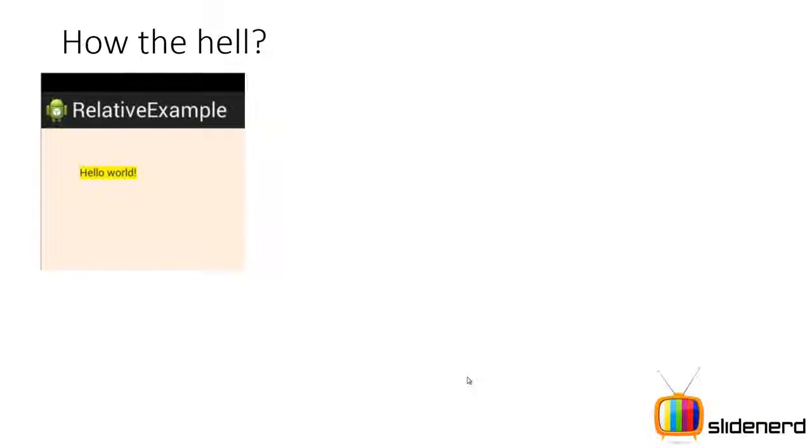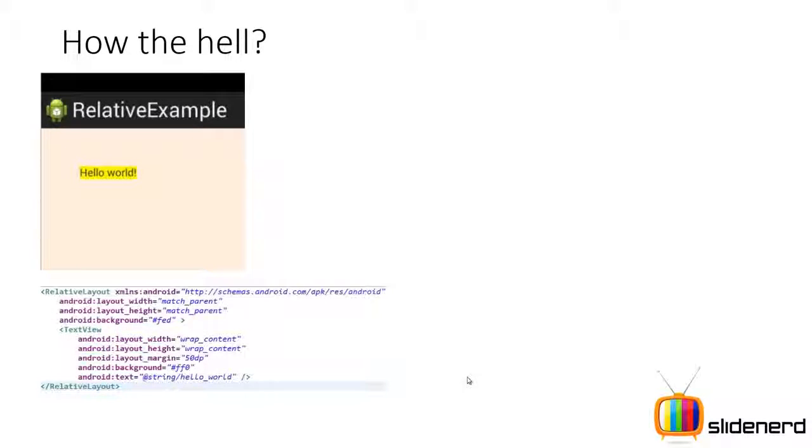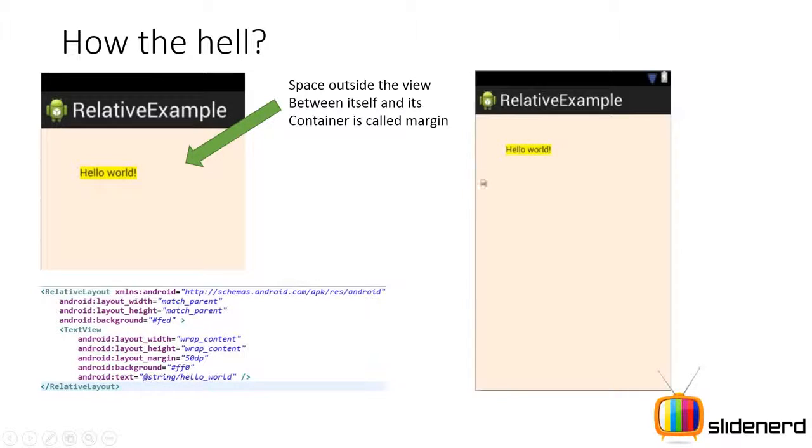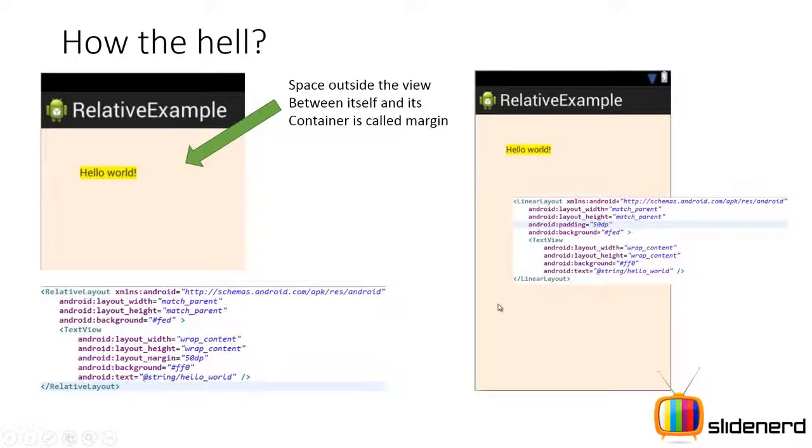Now if you have been seeing the last two slides carefully, you will notice something. Take a look at this. I have my hello world, there's a relative layout, and I have a margin of 50 dp for my text view, which means my text view is saying, hey, stay 50 dp away from me. But on the right side I have a structure which looks pretty much the same, but the code is completely different. The linear layout has a padding of 50 dp.